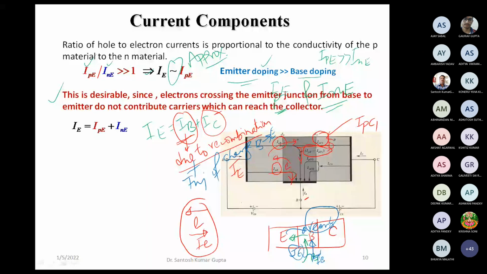Two more components can be seen here, designated as ICO, which we will see in a moment. Due to the forward biased emitter junction, these are the things which are happening here. All currents are positive for PNP transistors.